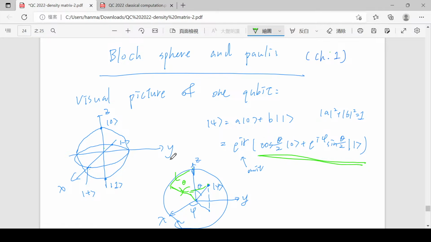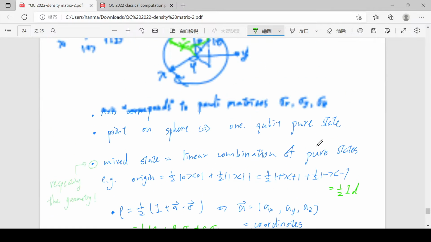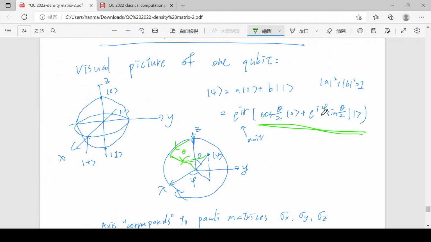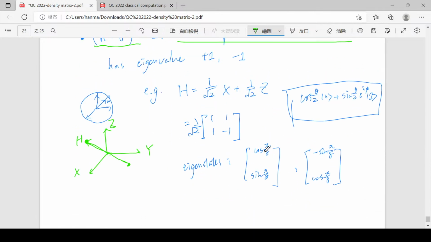So the plus 1 eigenvalue will have theta equal to 45 degrees and phi equal to 0. So 45 degrees is pi over 4, and pi over 4 divided by 2 is pi over 8.